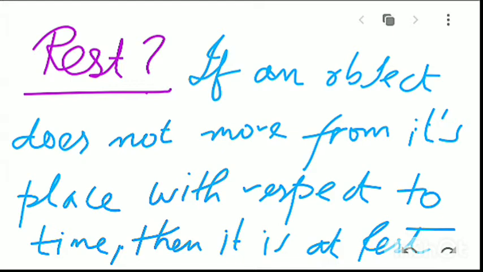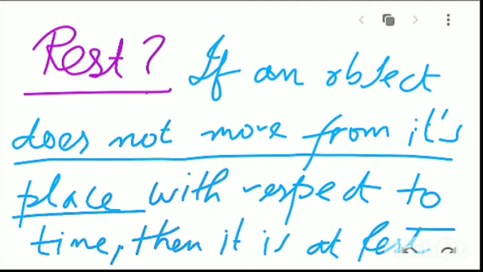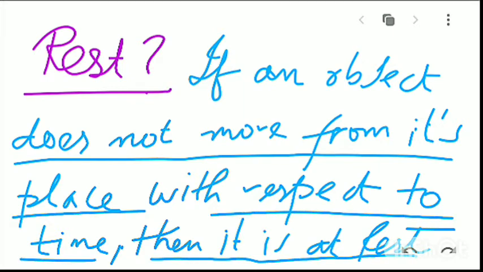But if you come out of your home and see the cars moving on the street, you will find that each second they are changing their position. So, if an object does not move from its place with respect to time, then it is said to be at rest. Clear? This is the definition of rest.